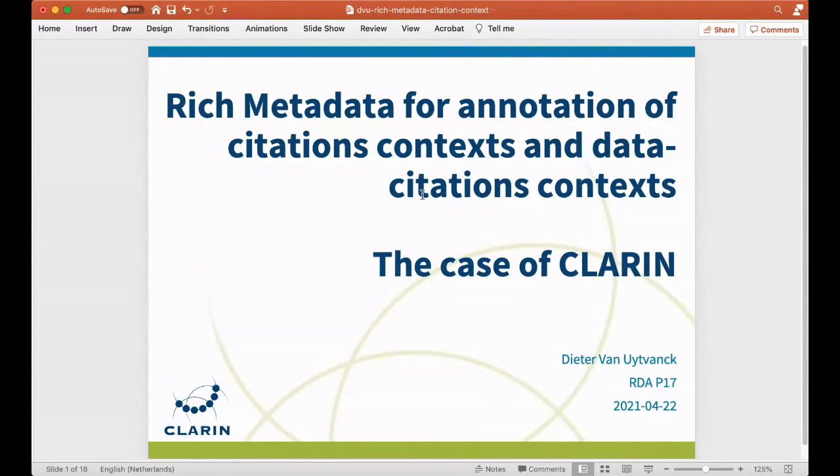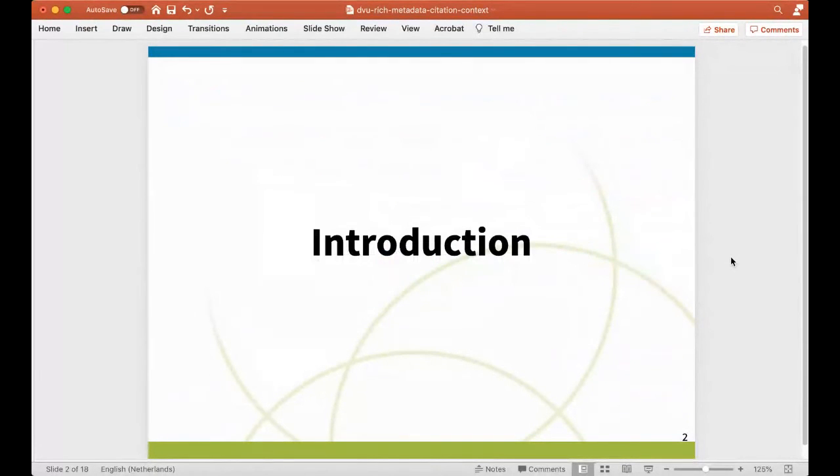Then you can see more than I can see myself. From the context of Clarin, I'll try to be short and focused in this presentation on a few, I hope, simple cases, just to get a bit of an idea. There are probably more contexts where this makes sense, but for the sake of brevity, I'll just try to focus on a few cases.